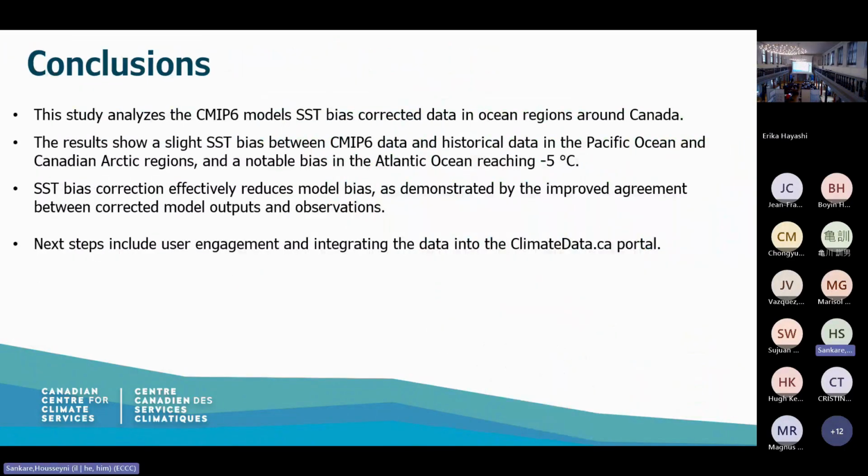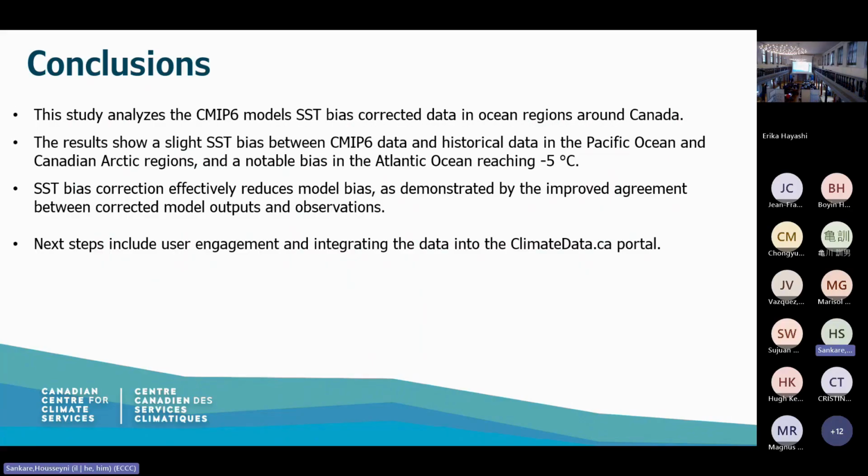And in conclusion of this presentation, this study analyzed CMIP6 model SST bias-correction data in the ocean regions around Canada.